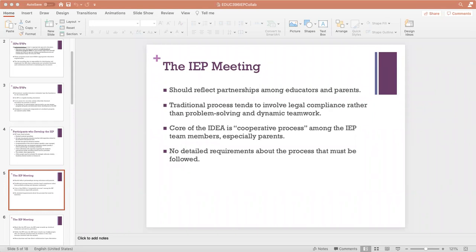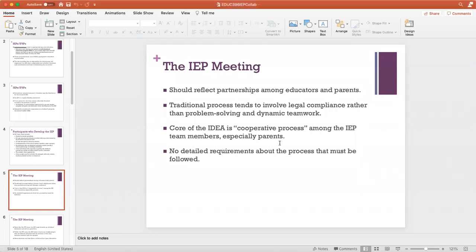So when it comes to collaboration, all of the collaboration that is actually going to happen surrounding the IEP is going to occur before and after the IEP meeting.